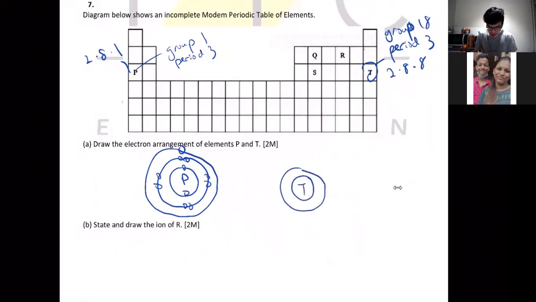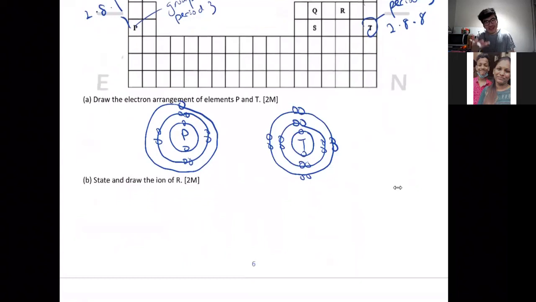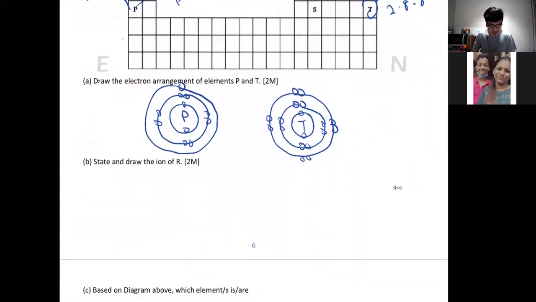I don't care about cleanliness. If you have OCD and want to draw it nicer, that's up to you. No extra marks for that. It looks like a kindergarten drawing. Fine, I don't care.